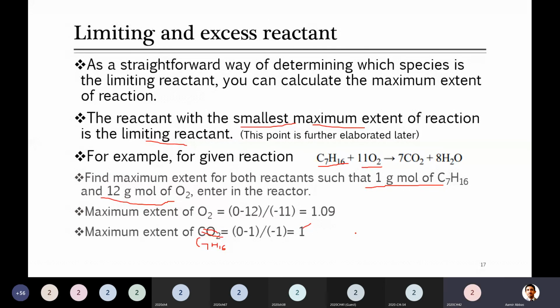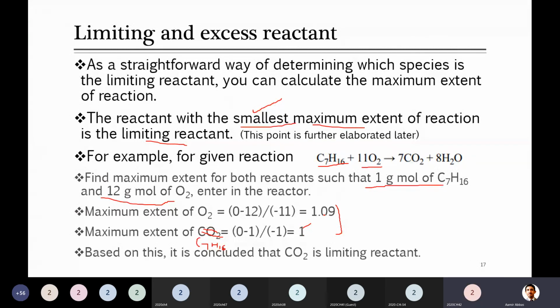So now can you tell me which one is limiting based on this information? C7H16. Heptane, because the convention is that the one with the smallest value of maximum extent is limiting. Out of these two reactants, heptane has the smallest value, that is 1, so it is the limiting reactant, which you already know by looking at simple information.